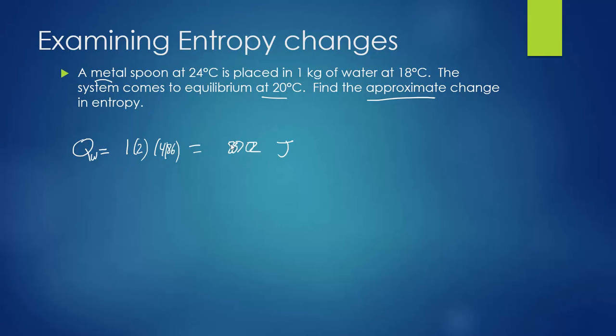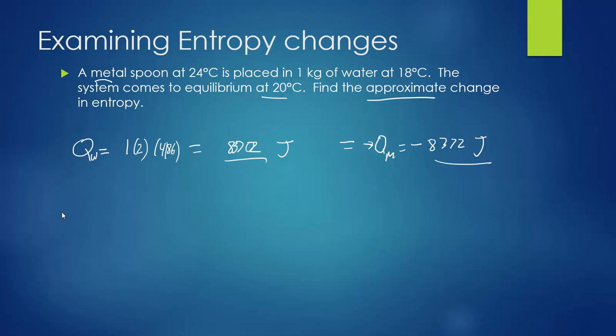That's the heat gained by the water, which also happens to equal the opposite of the heat lost by the spoon. So the heat lost by the spoon, or the metal, or whatever we're going to call it, is equal to the negative of that, so negative 8,372 joules.